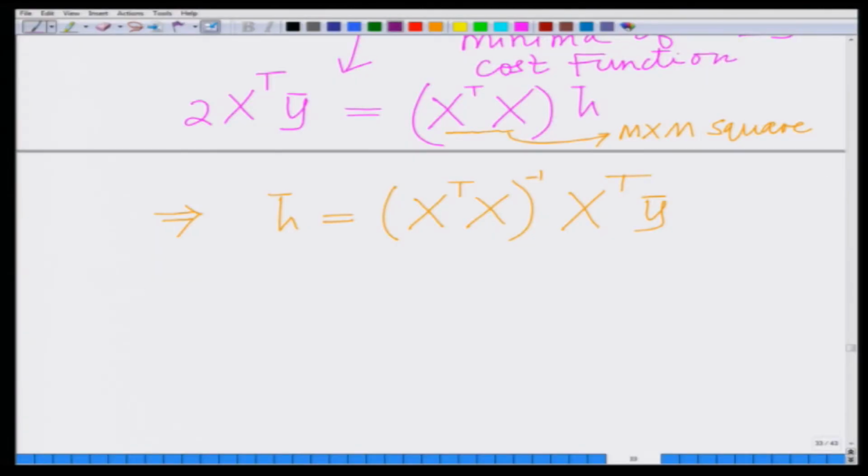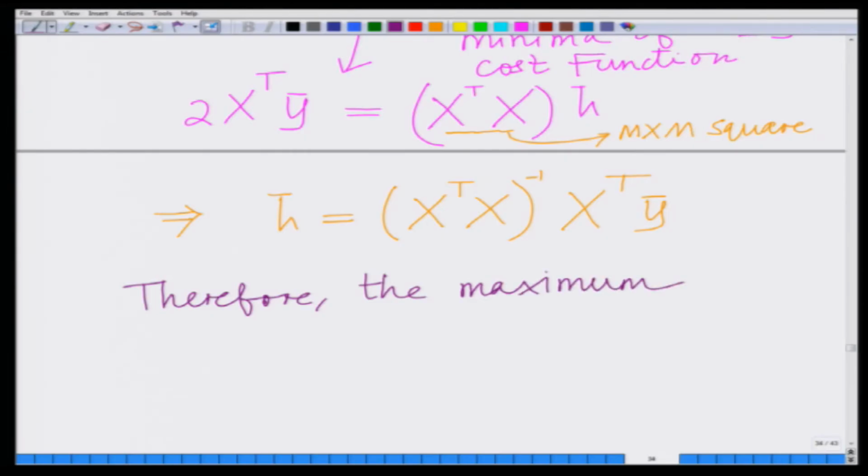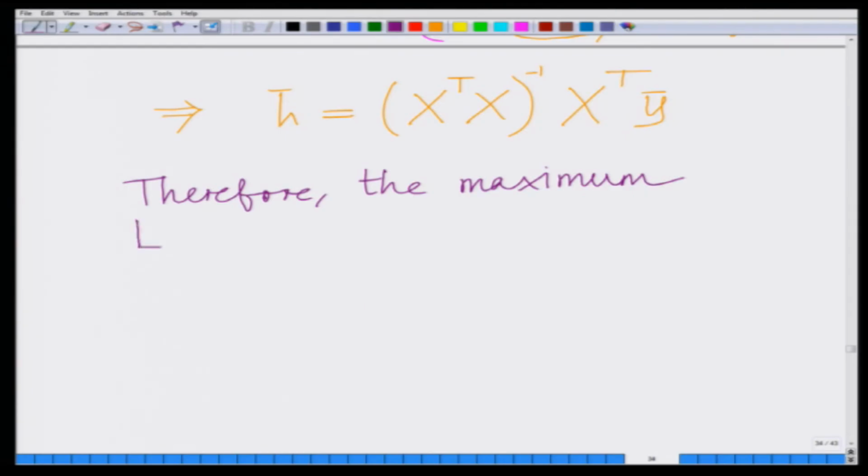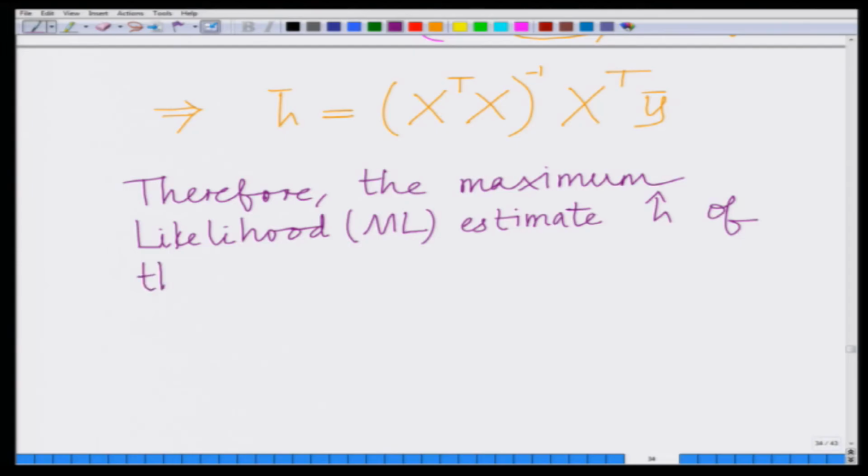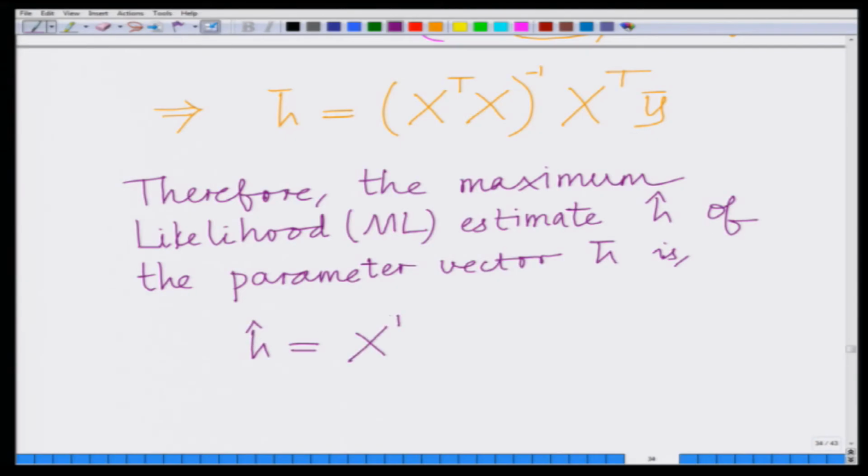Therefore, the maximum likelihood estimate h hat of the parameter vector h bar is h hat equals x transpose x, or let me write it a little bit more clearly with a different color to highlight this.